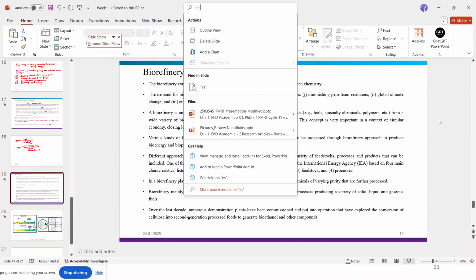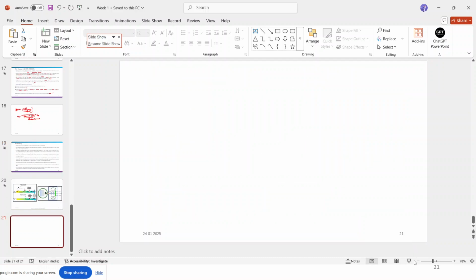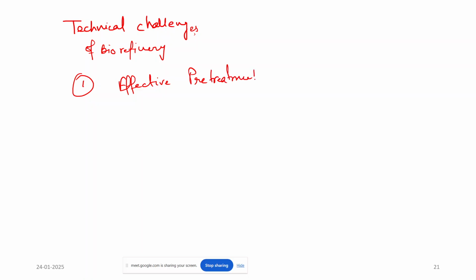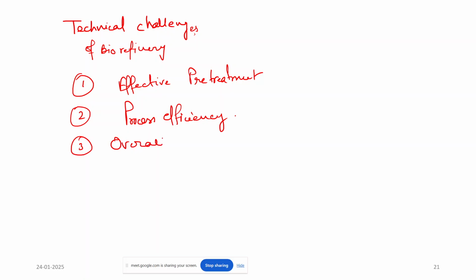So the main technical challenges of biorefinery that we encounter: first, we have to check the effective pre-treatment, and also the process efficiency improvement, and the overall CO2 emission.